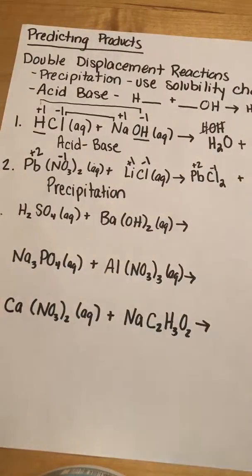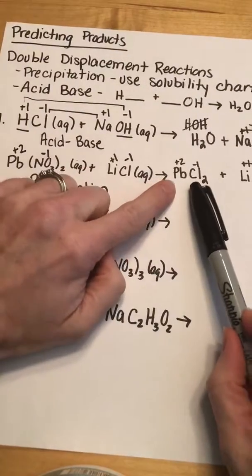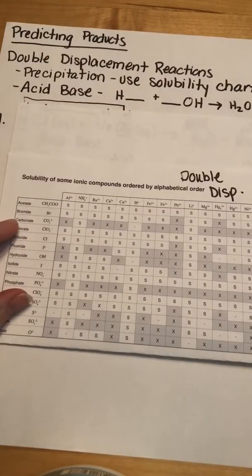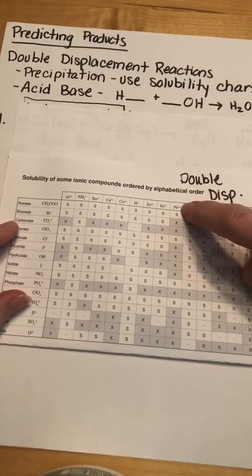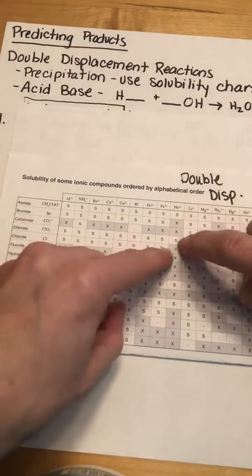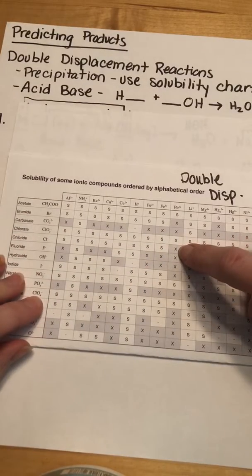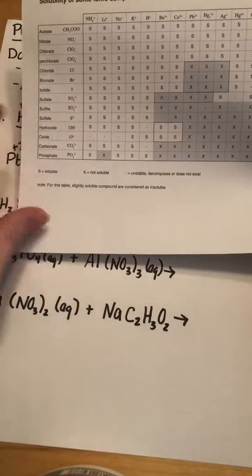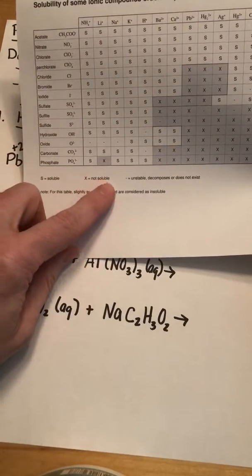So what we do is very simple. We go to our products that we predicted and we look that product up on the chart. So I have lead and chloride, so I'm going to find those two. I found lead 2+ and chloride, and I'm going to see where those meet. They meet where I have a little gray X. If I look at the key at the bottom, it says that an X is not soluble.